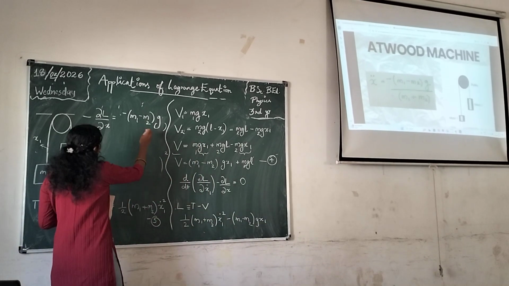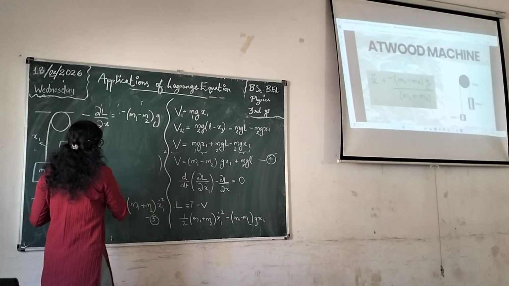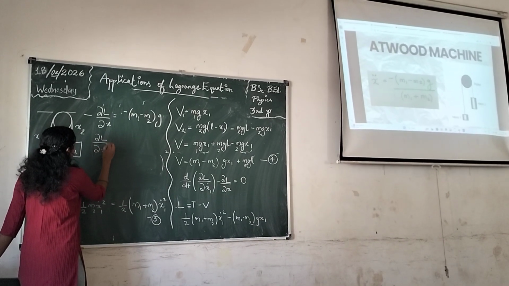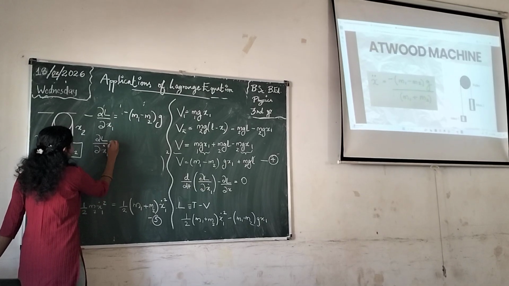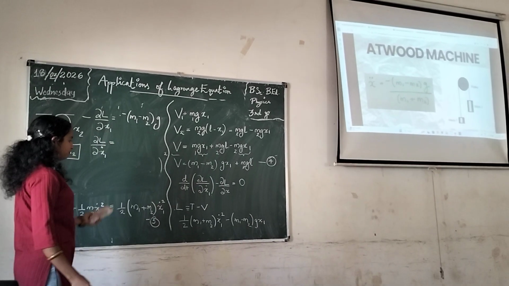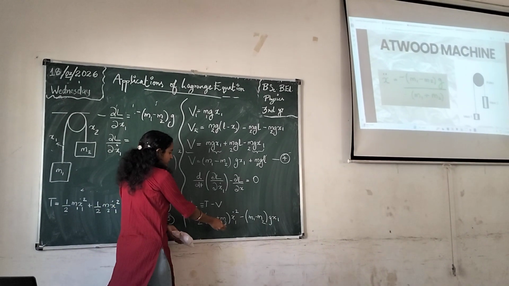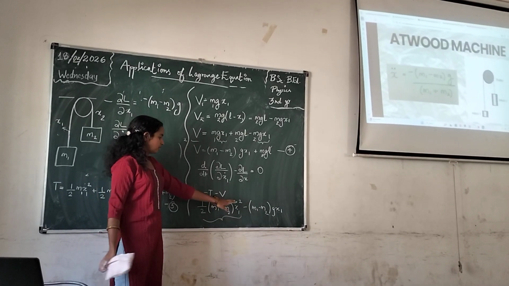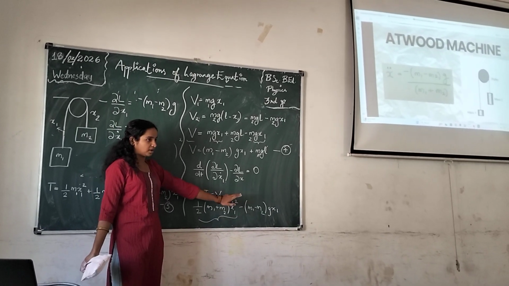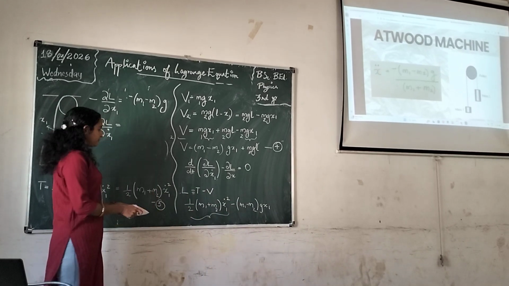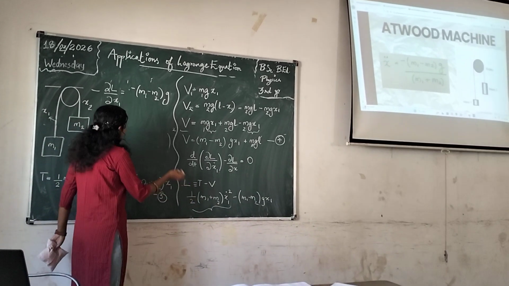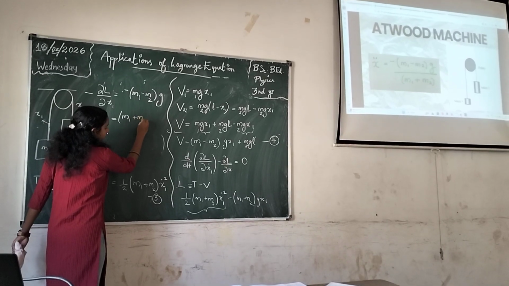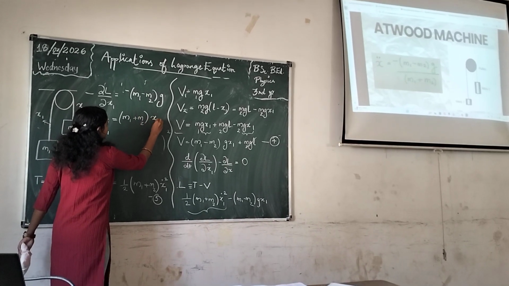Then we have to find dou L by dou x1 dot. Here we have x1 dot in only this term. The derivative of x1 dot square is 2 x1 dot, so this 2 and 2 will get cancelled and we will have (m1 plus m2) x1 dot remaining. Is that clear?